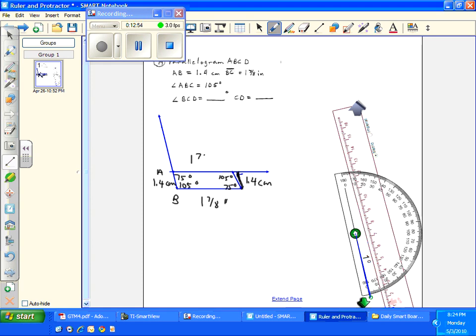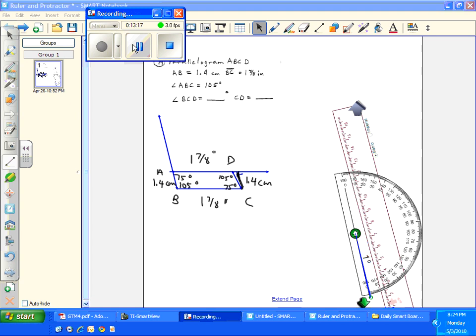This is 1 7/8 inches. This is the C, and this is the D. Okay, so you're going to precisely measure the way I showed you with a visual protractor and ruler. Okay, and then you can do the next one on your own.